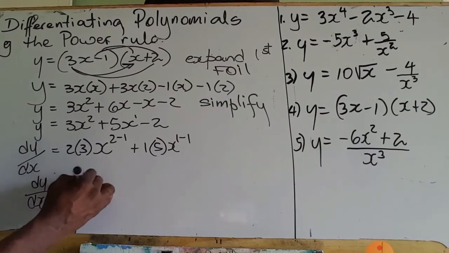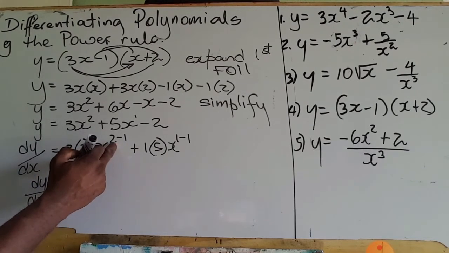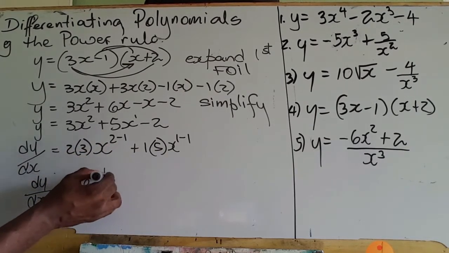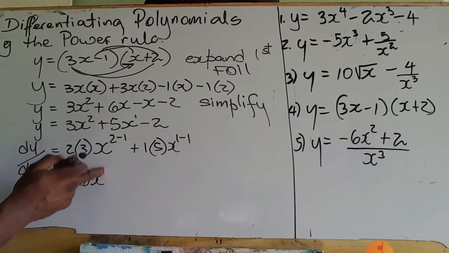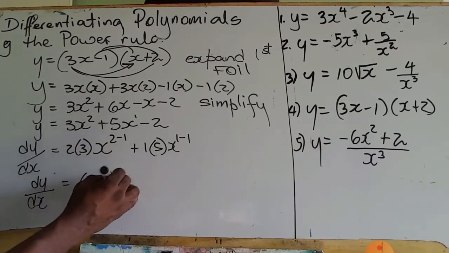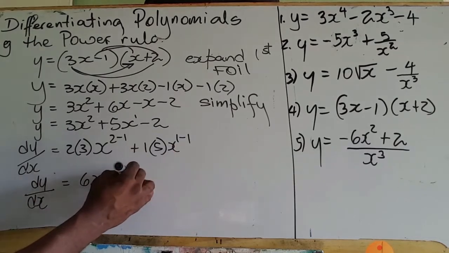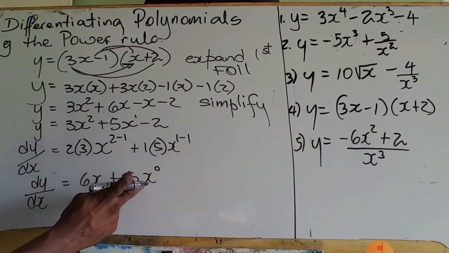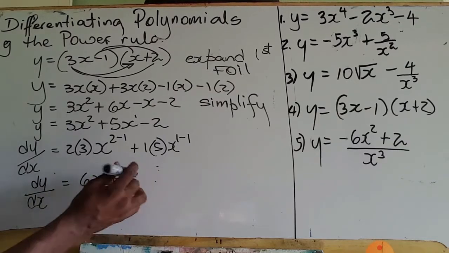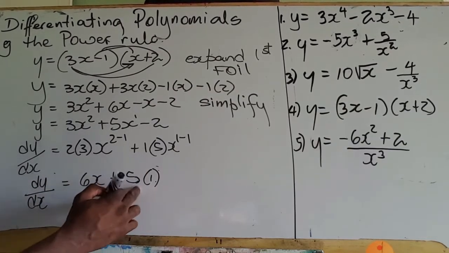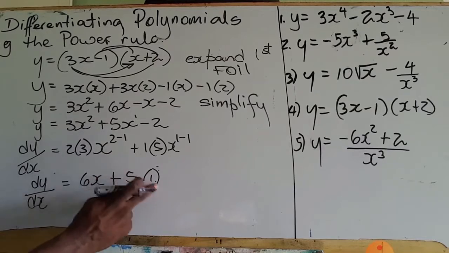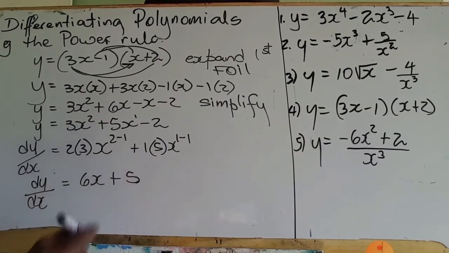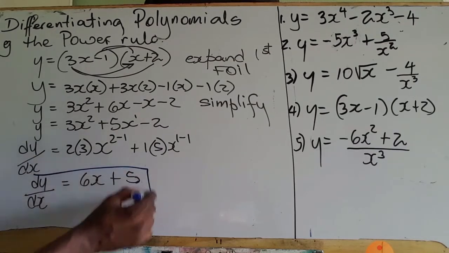So let's look. dy dx is going to give us 6x to the first, or you just say 6x. So you could rub off the first power if you want. Basically that's 5x raised to the 0, but anything raised to the 0 power is 1. So that's 5 times 1, which is just 5. So as you could see, the differential is 6x plus 5.